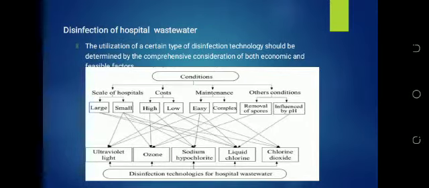Then disinfection of hospital wastewater. The utilization of a certain type of disinfection technology should be determined by the comprehensive consideration of both economic and feasible factors. This table shows the feasible factors of the methods used in hospital wastewater. The ultraviolet light method is used on a small scale, with low cost and easy maintenance. Ozone is also used on a small scale but at high cost, and it has complex maintenance.